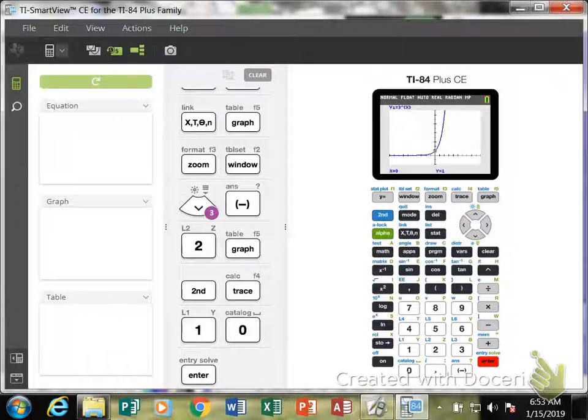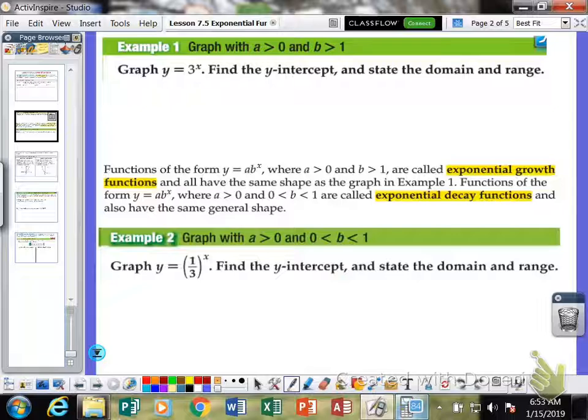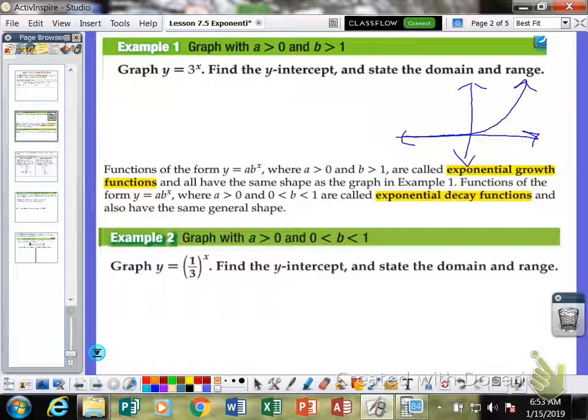Okay, so now state the domain and range. The domain is what goes in, and I can put anything I want in for x, because that's what's going into our equation, all the values for x. Then you notice what came out. I'm just going to draw this real quick here. We had something that looked like this. What came out, though, notice nothing below the x-axis came out.